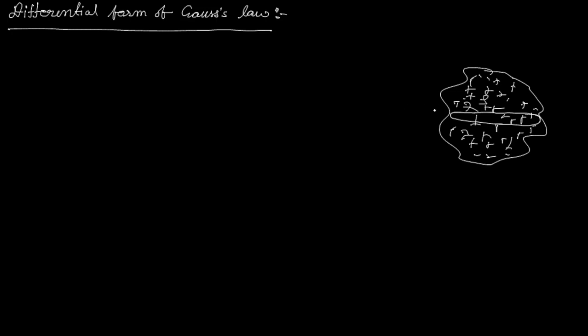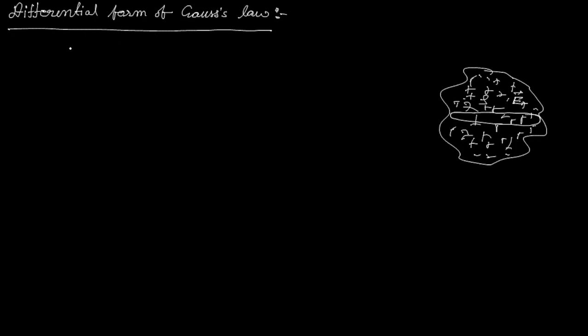Because of this charge there is an electric field in this region, let's say E. Then we have to find the relation between this charge distribution and this electric field, and we can find that from the differential form of Gauss law.